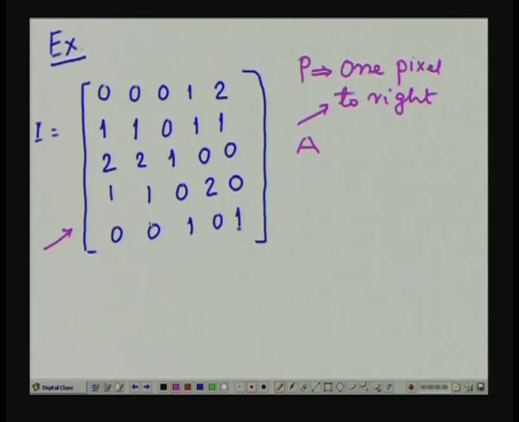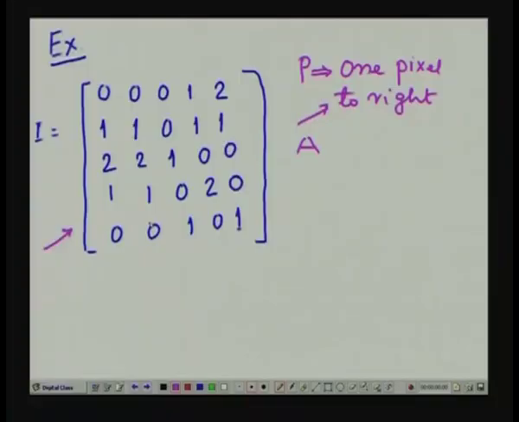Here you notice that this sample image contains 3 distinct intensity levels. Those intensity levels are: Z0 is equal to 0, Z1 is equal to 1 and Z2 is equal to 2.